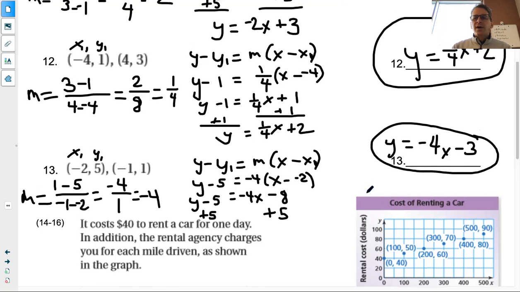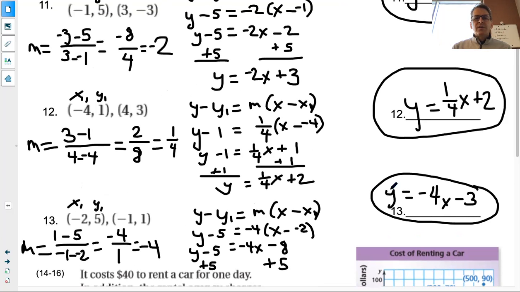Now, before I move on, you might want to also consider checking your equation with the point. So if you look at this equation for number 12, for instance, you've got an x that's 4, y that's 3. So if you input 4 for x, you'd have 1/4 times 4, which is 1, add 2, you'd get 3. So you can see how that would check out, all right?